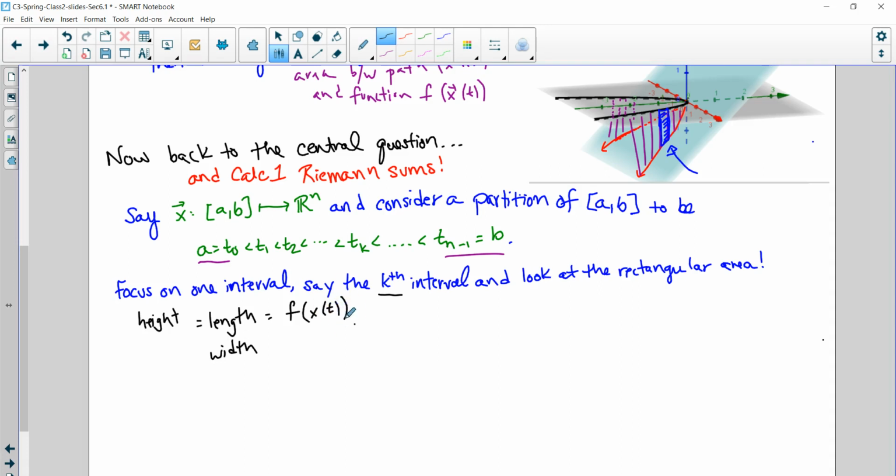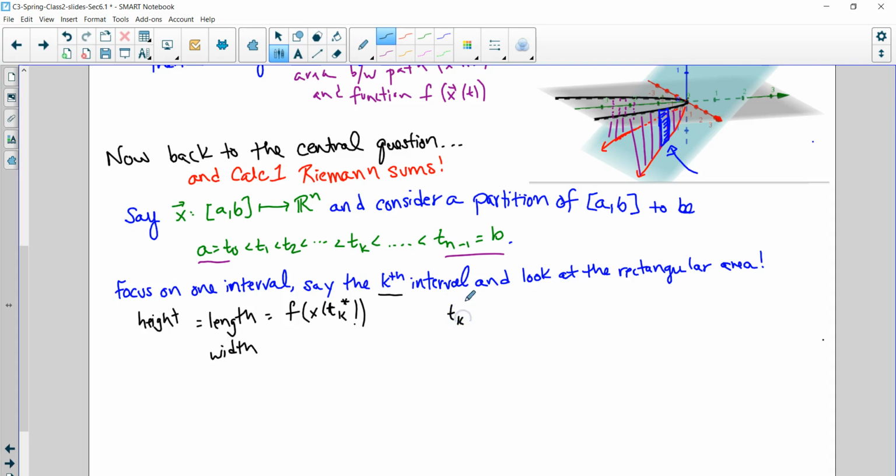The primary reason for that is when we look at x, x was just a path and it was meant to be one dimension lower. But that's going to be the height, and I should clarify that it's not just t, it's t k, and I'm going to use the symbol tk star to represent some value.